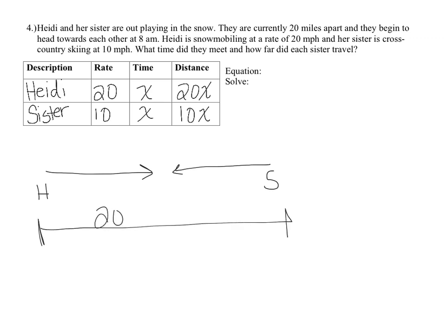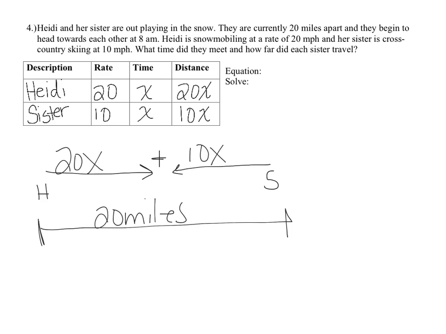They're 20 miles away from each other. So their combined distances is 20 miles. Well, Heidi's distance is being represented by 20x, and her sister's distance is being represented by 10x. And Heidi's going to cover more distance than her sister because she's going faster. Just something to think about.